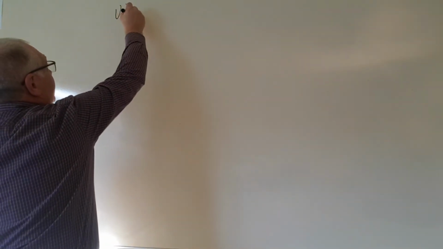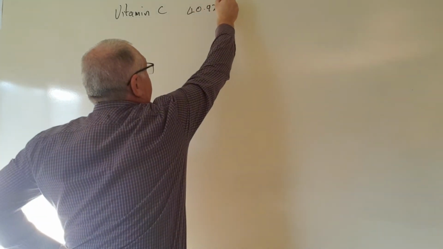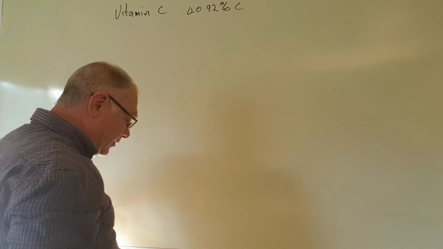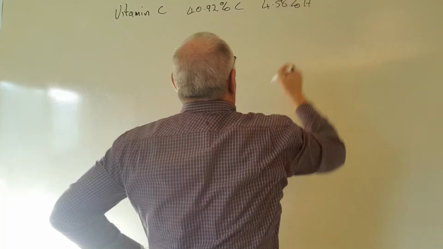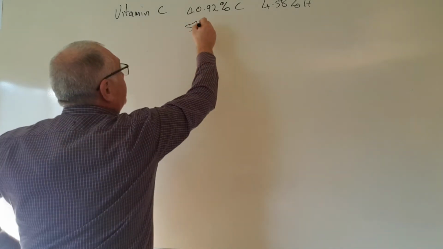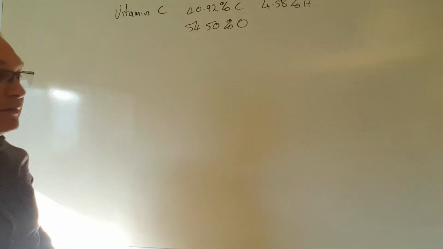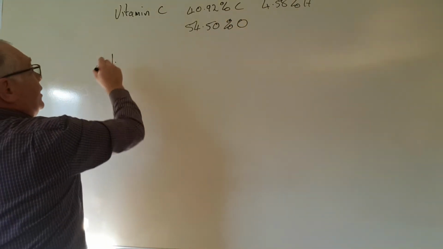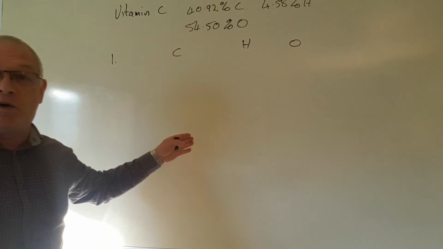But here's a question about vitamin C. Chemists have found out that vitamin C is 40.92% by mass carbon and 4.58% hydrogen and 54.50% oxygen. The first thing that we're going to do is put the elements across the top of the page so that we can work in columns.